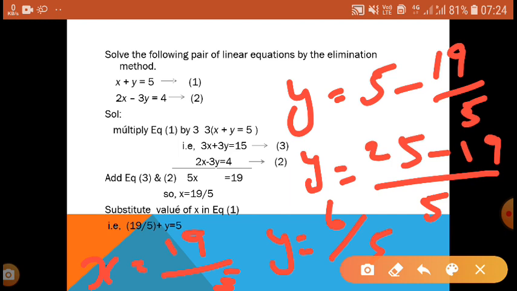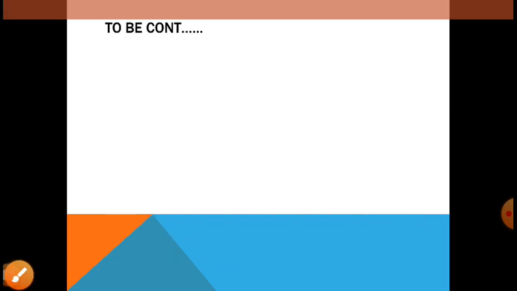From the textbook, choose questions and try to solve them using the methods. The same question you can try with the substitution method as well as the elimination method. Try it. Don't leave the practice, because that is the most important thing.